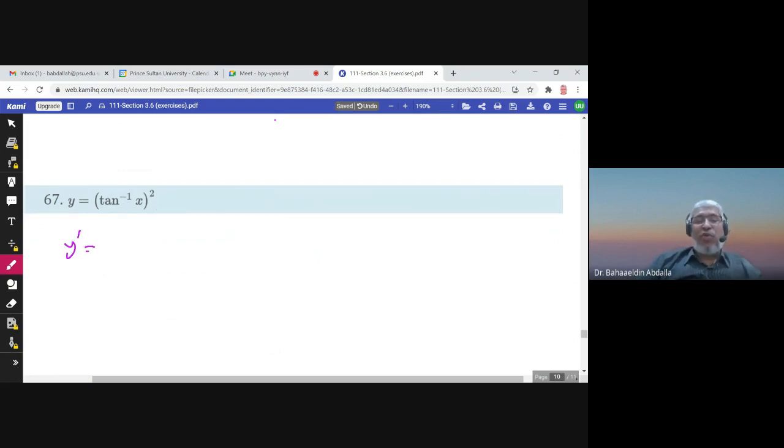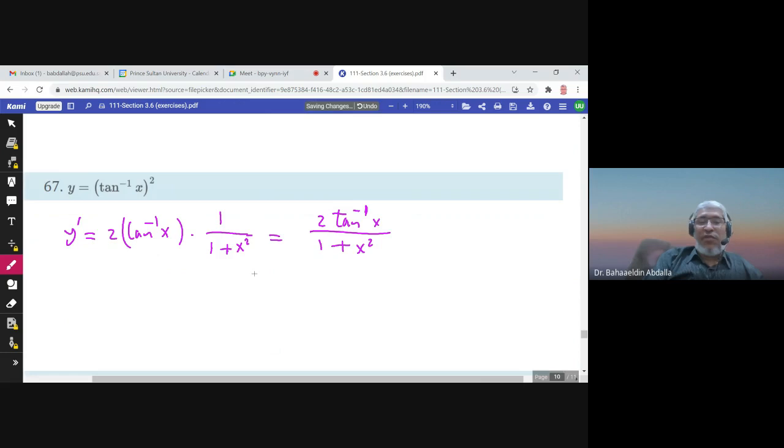So I use the power rule. 2 times tan inverse x to the power 1 times the derivative of tan inverse x, which is 1 over 1 plus x squared. So that's the answer. If you want, you can write it 2 tan inverse x over 1 plus x squared. That's the derivative.